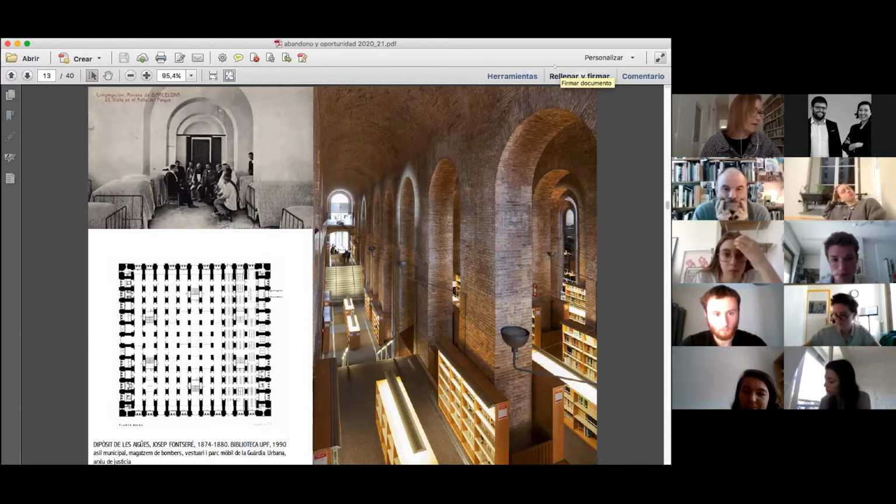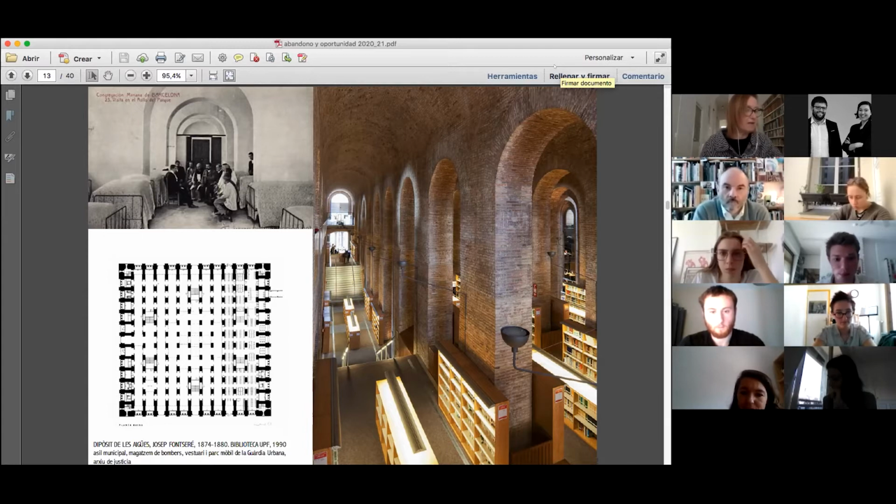Since 1888, it was transformed 6 times into a hospital, a fire department store, a locker room, a police department, and a justice file. Finally, in 1999, it became the Universitat Pompeu Fabra's library.